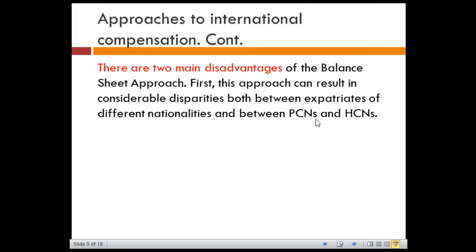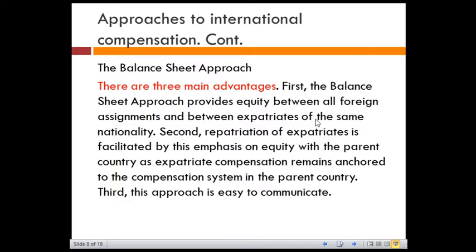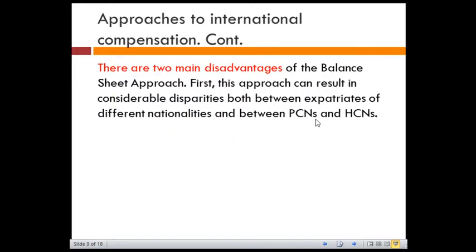Let's look at the disadvantages quickly. The first disadvantage: this approach can result in considerable disparities both between expats of different nationalities and between PCNs and HCNs.